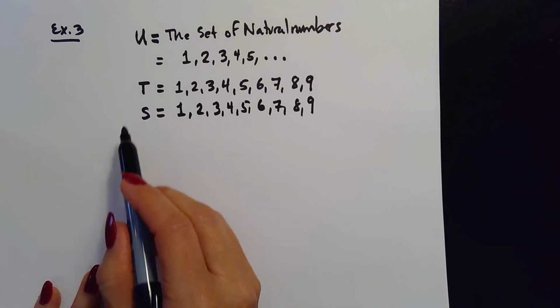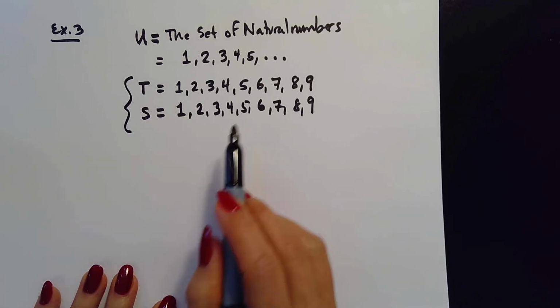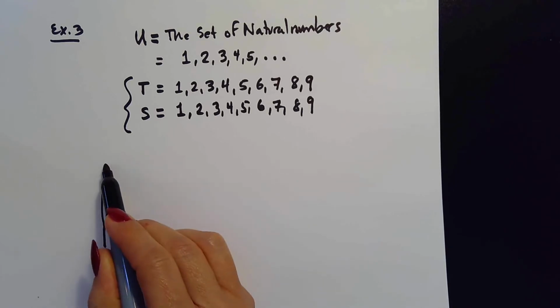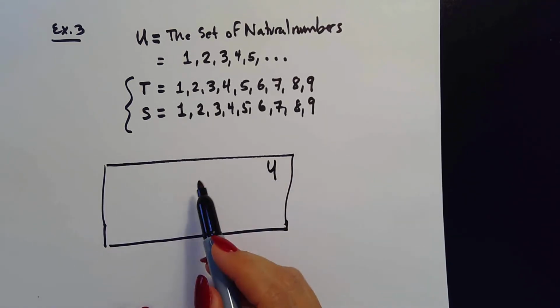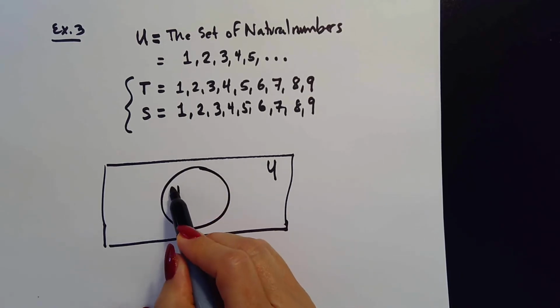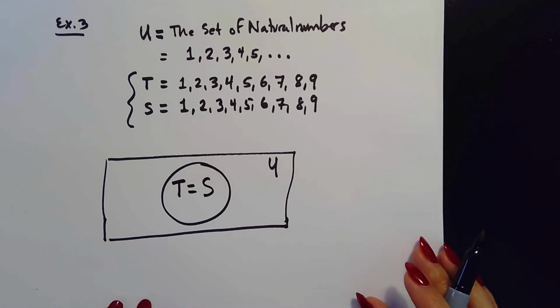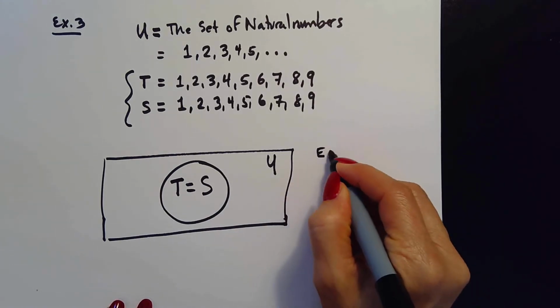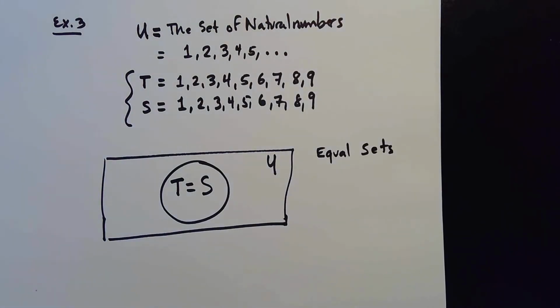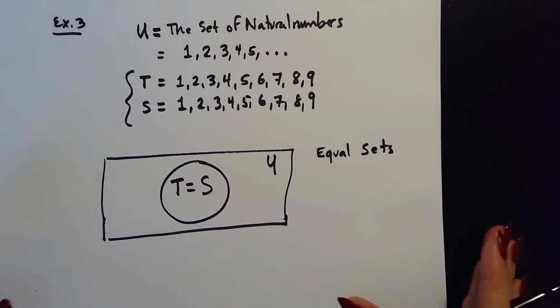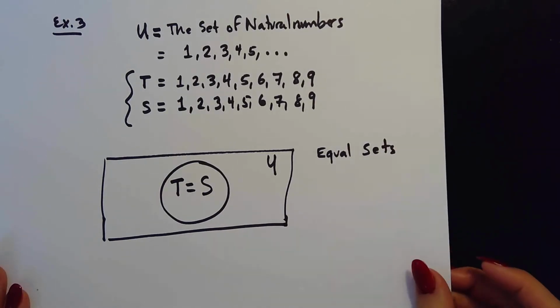So you see how T is the same set as S. So to do the Venn diagram for that, you just need to do the universal set and then just one set and say T equals S, because these are equal sets. Okay, so that is number 3.